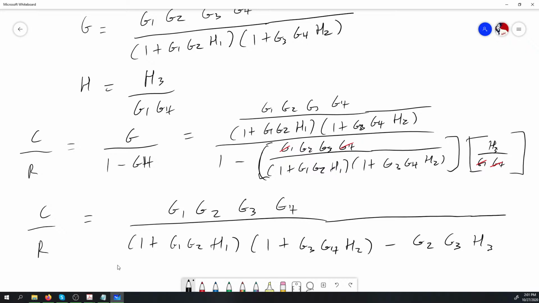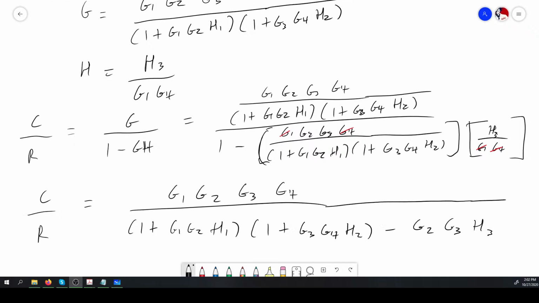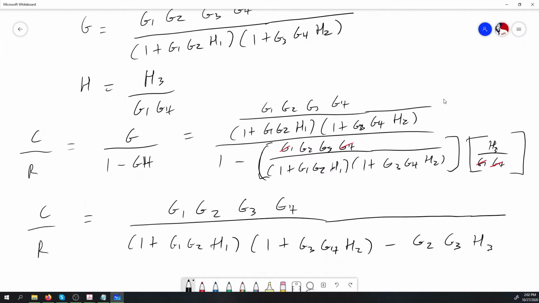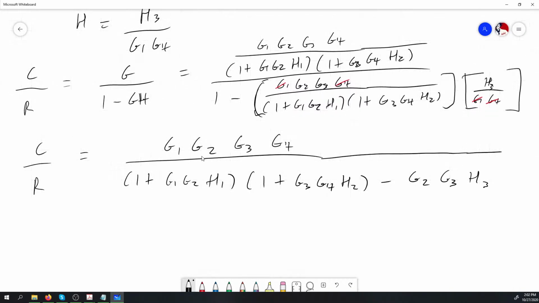How we did that was we multiplied the numerator and denominator by 1 plus G1, G2, H1 multiplied by 1 plus G3, G4, H2. That basically gives us our final transfer function.